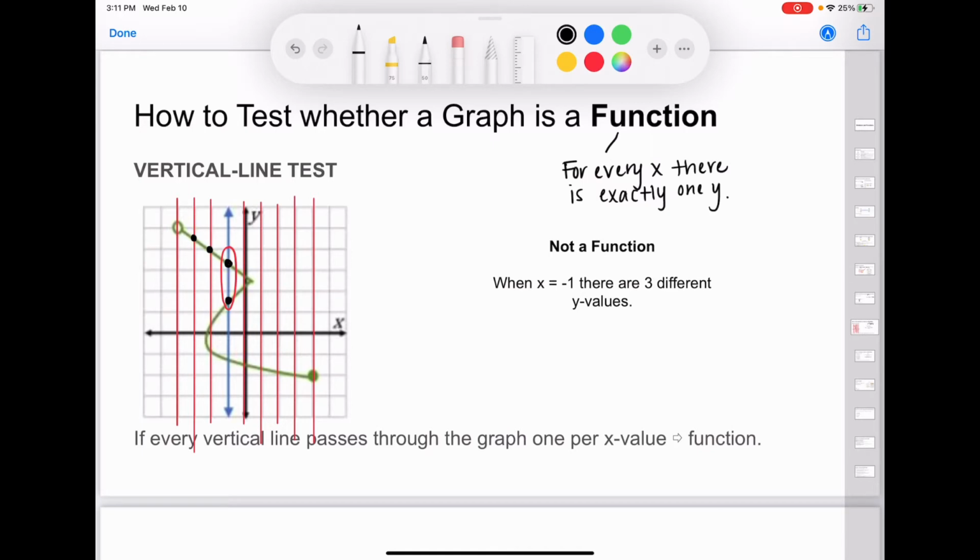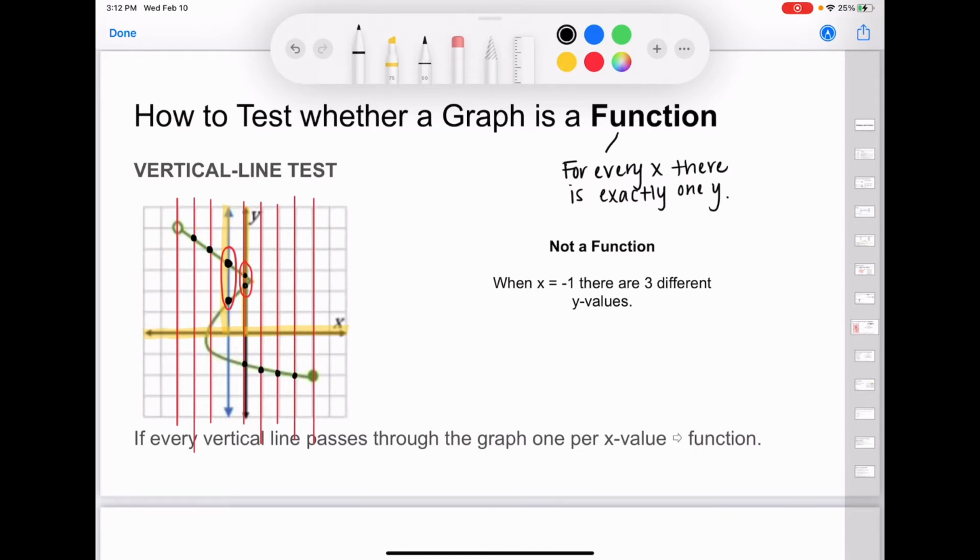But we can keep looking. Here too, we run into a problem. And what we can see is there are in fact instances in which we have more than one y for a specific x value. And so that wouldn't be a function.